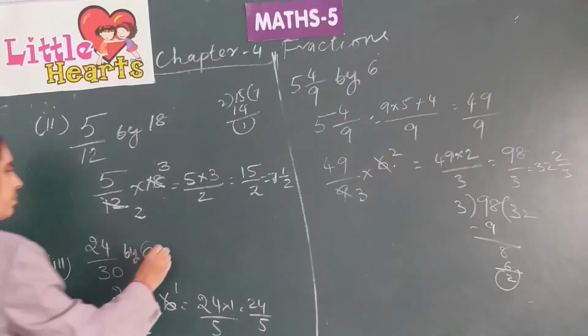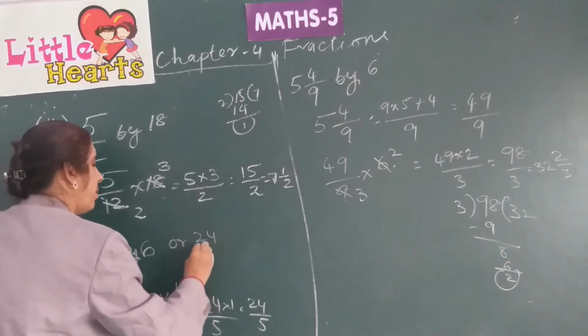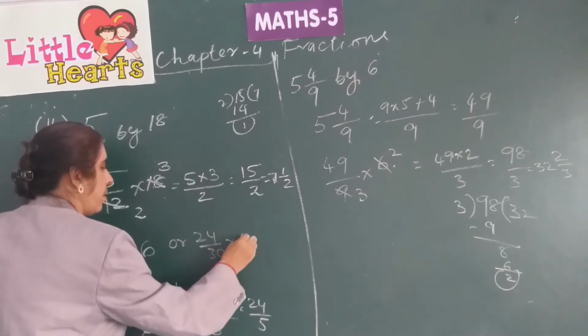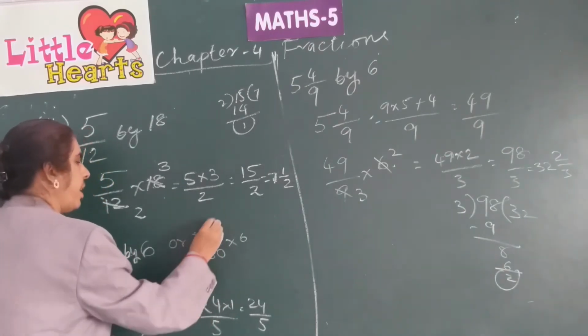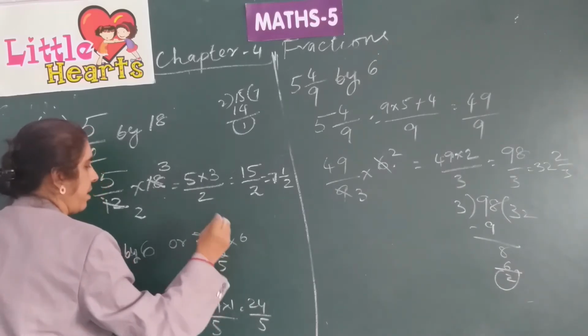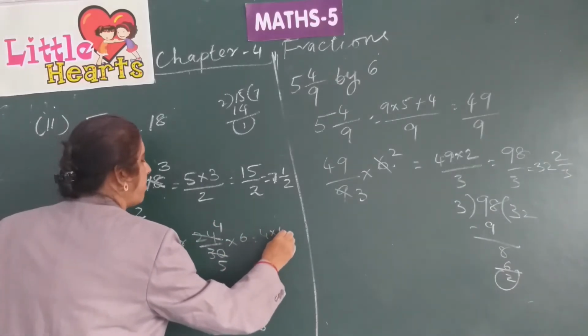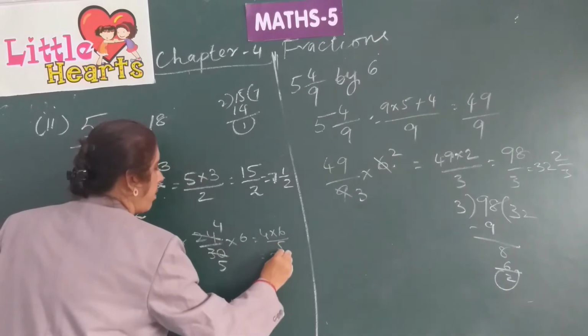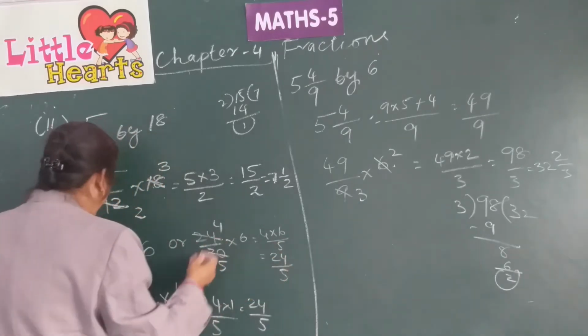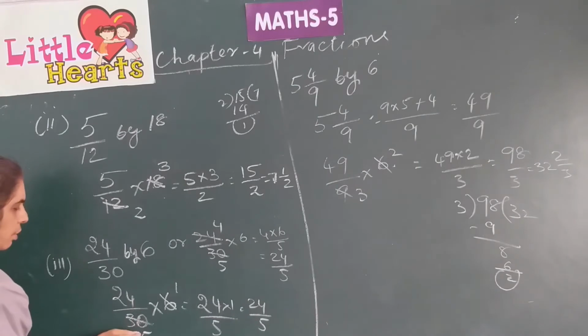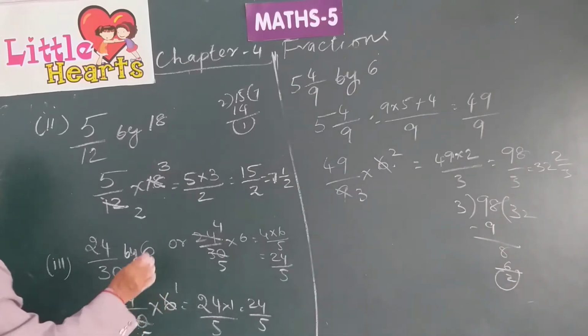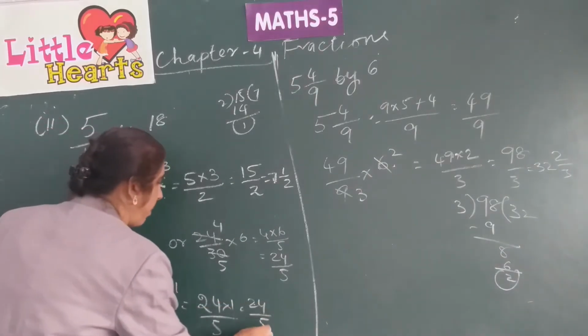Or this is 6 4s are 24, 6 5s are 30. 4 into 6 by 5 is equal to 24 by 5. Anyway you can cancel these two or you can cancel these two. The final answer will be 24 by 5.